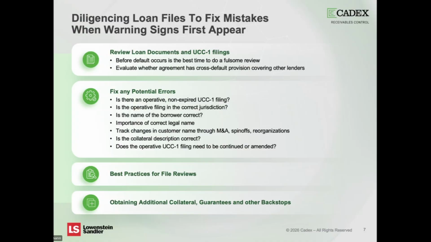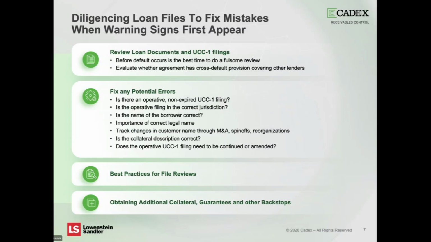Is the collateral description correct? Or are you looking to get new collateral, which requires the amendment of the UCC or the filing of a new UCC financing statement? If the name changed, the UCC requires that you file an amended UCC within 4 months of the name change. What happens if the name change was more than 4 months before? Does an amendment suffice? Do you need a new UCC filing? We'll discuss this in our case studies.